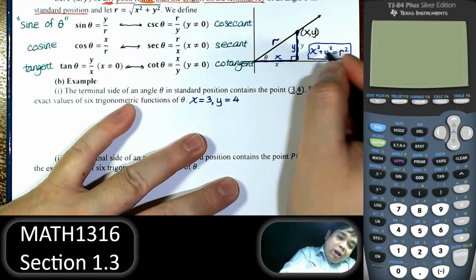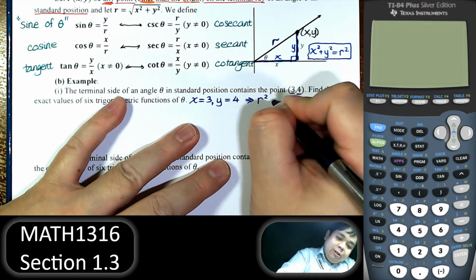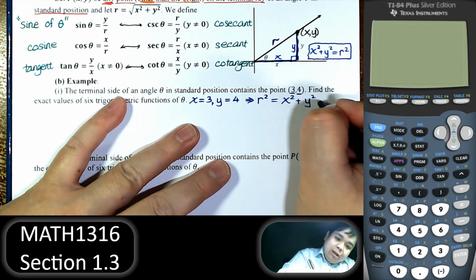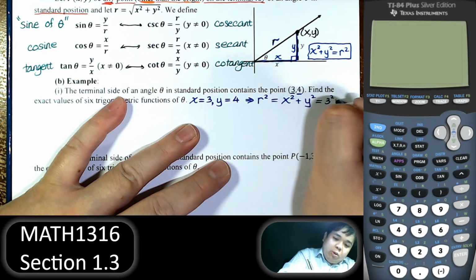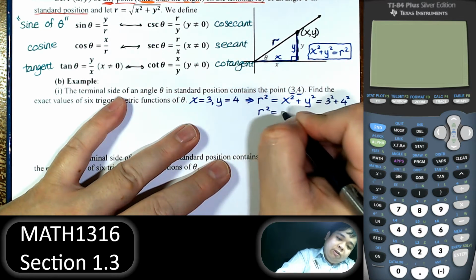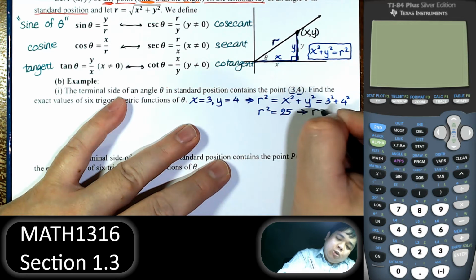We have r squared equal to x squared plus y squared, so 3 squared plus 4 squared. So r squared is 25, so r equals the square root of 25.